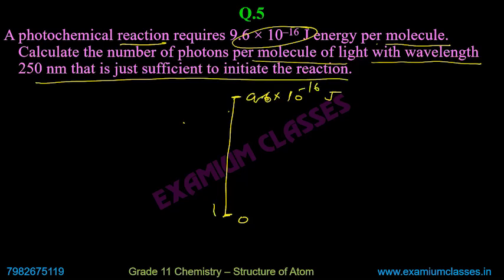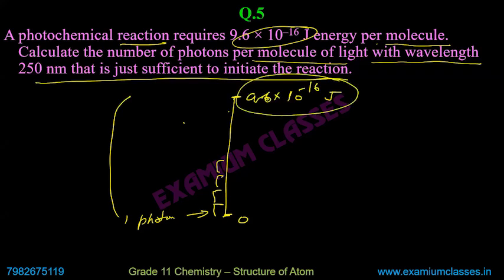One photon can provide this much energy, two photons will provide this much, three this much, four this much. So if we can calculate the energy of one photon, then we need how many photons in total so that the total energy will be equal to this one, because this is the energy required by the reaction to initiate.